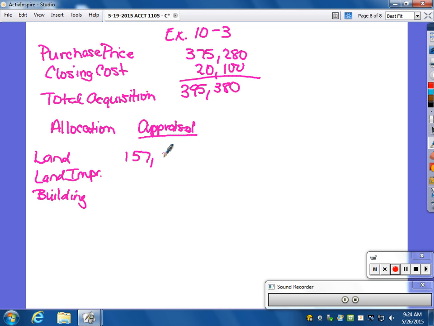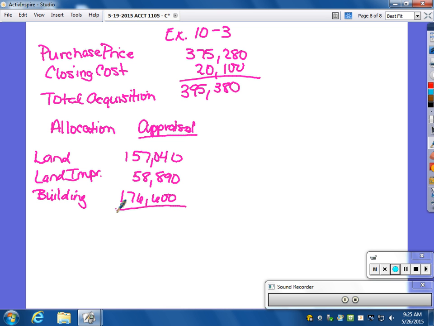157,640. And what about land improvements? 58,890. And building? 176,000.